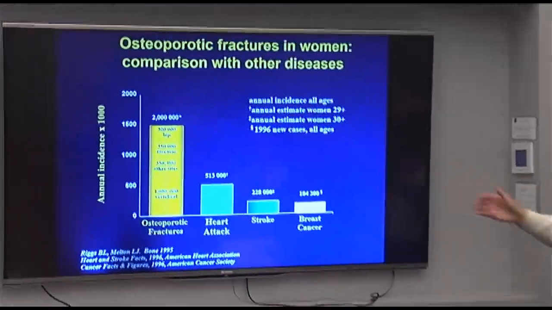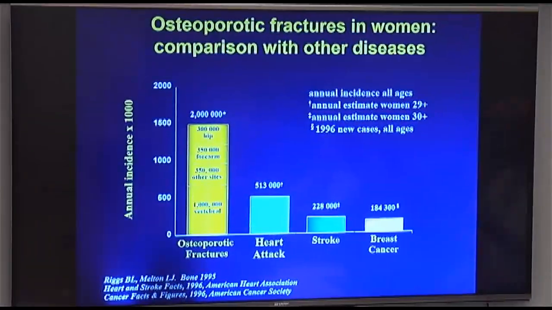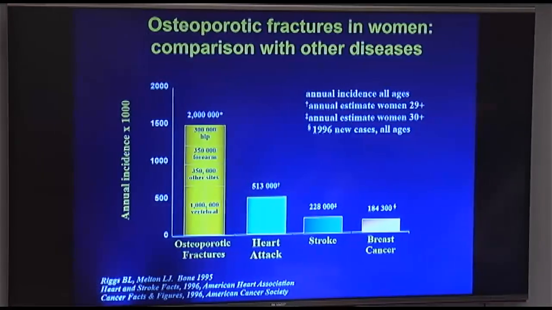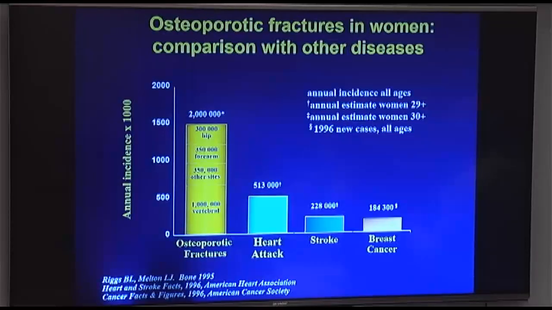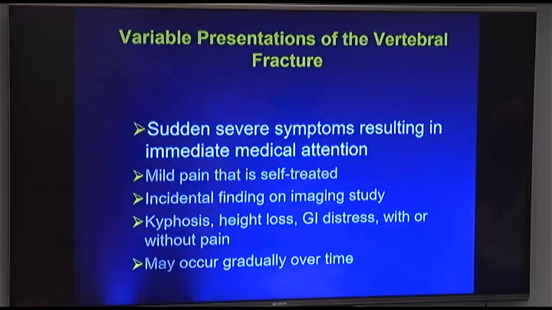As I indicated earlier, if you compare it with events such as heart attack, stroke, and breast cancer, obviously the number of fractures far exceeds the number of heart attacks, strokes, and breast cancer. And of the 2 million fractures, about half, give or take, are vertebral fractures.